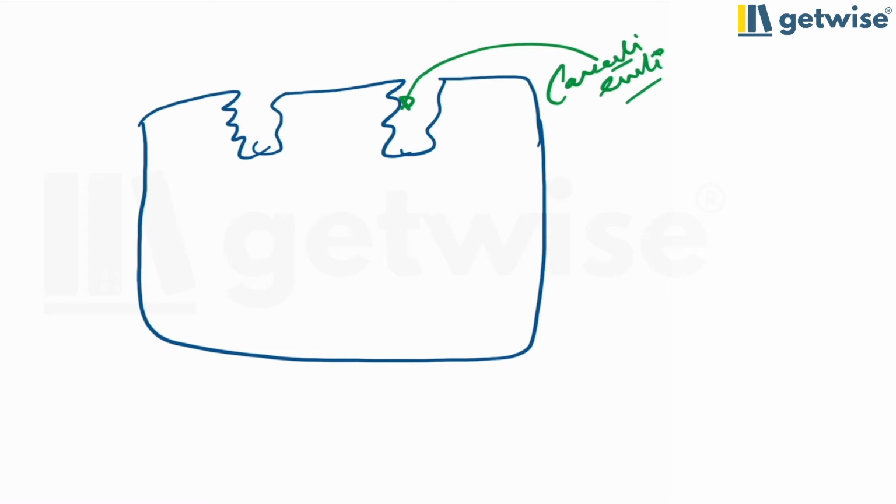In the parietal cell, CO2 and H2O react and convert into H plus and a bicarbonate ion. The enzyme that catalyzes this reaction is called carbonic anhydrase.